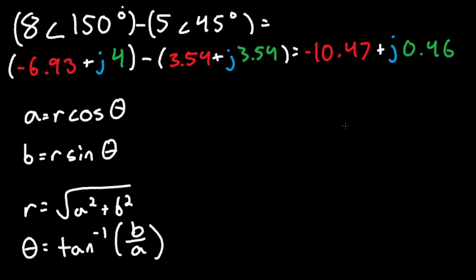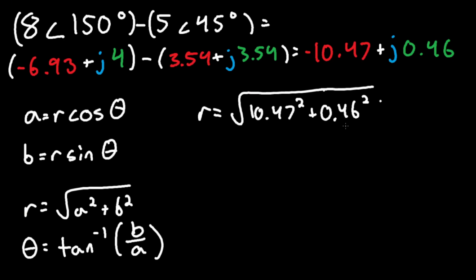All you need to do is find the magnitude of your new polar coordinate given this rectangular coordinate, and the angle of it. So r is equal to the square root of a squared plus b squared, which is just negative 10.47 squared. But since you're squaring, you can just ignore the negative. So just positive 10.47 plus 0.46 squared.